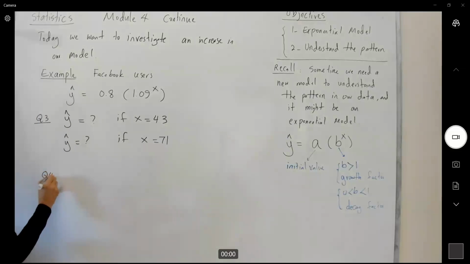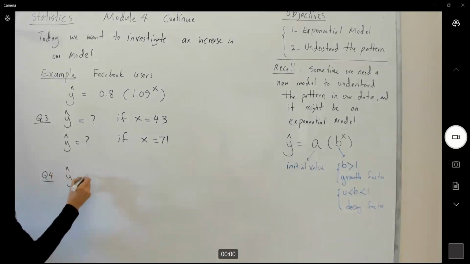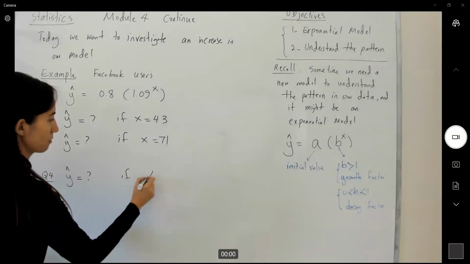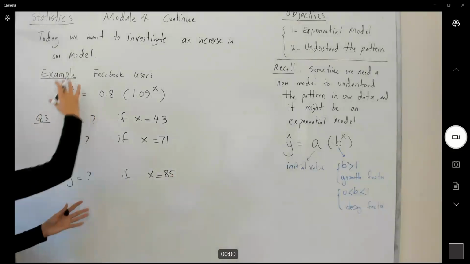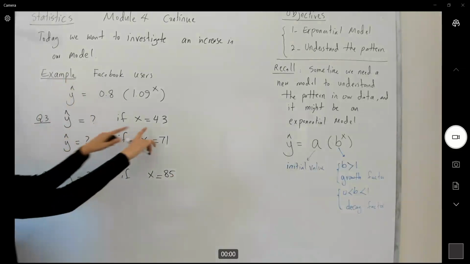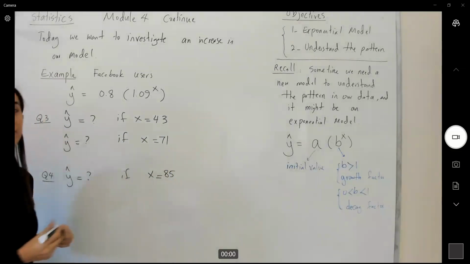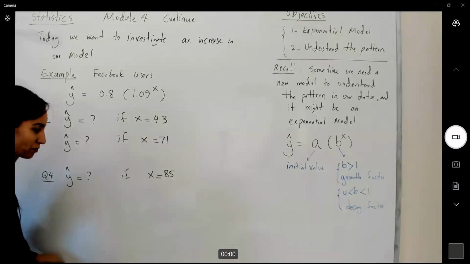And for question 4, what is your y hat if x is 85? How many users did Facebook have after 43 months, after 71 months, after 85 months?